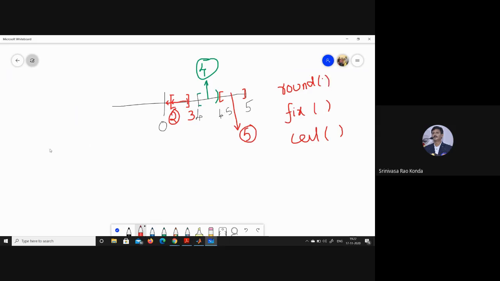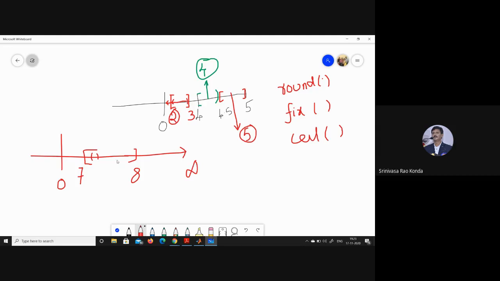That means if you give any value, suppose between 7 and 8, ceil of x rounds x to the nearest integer towards plus infinity.